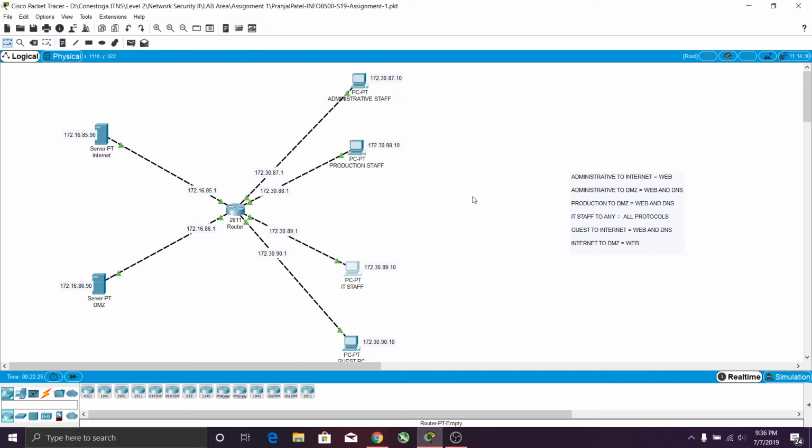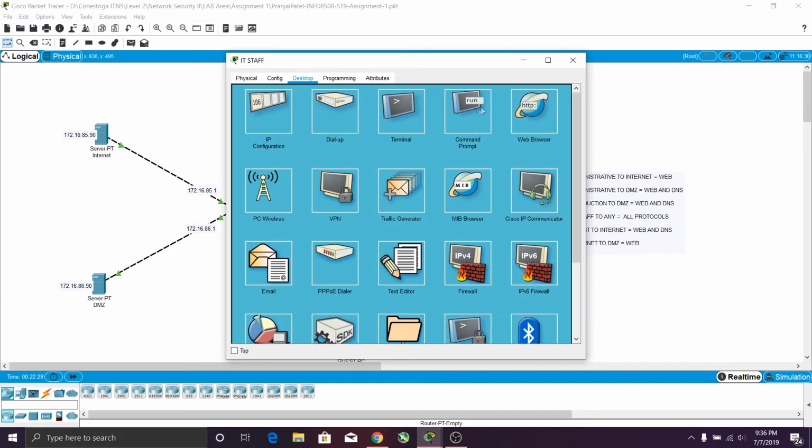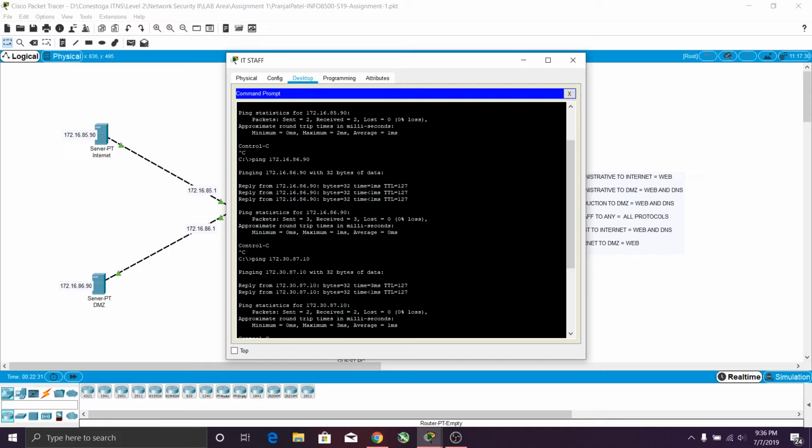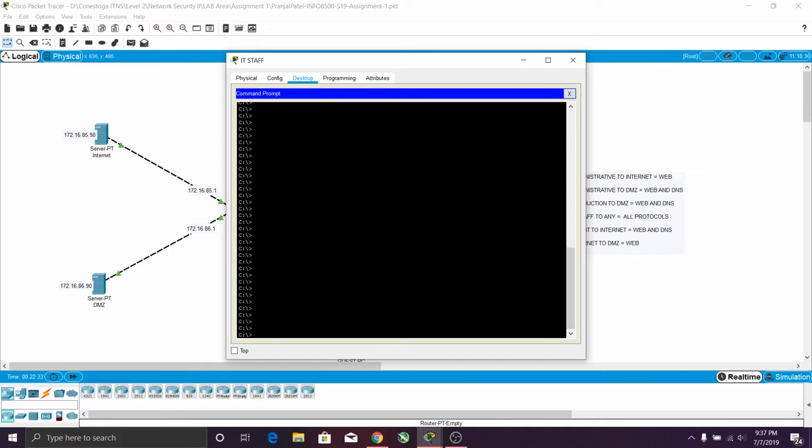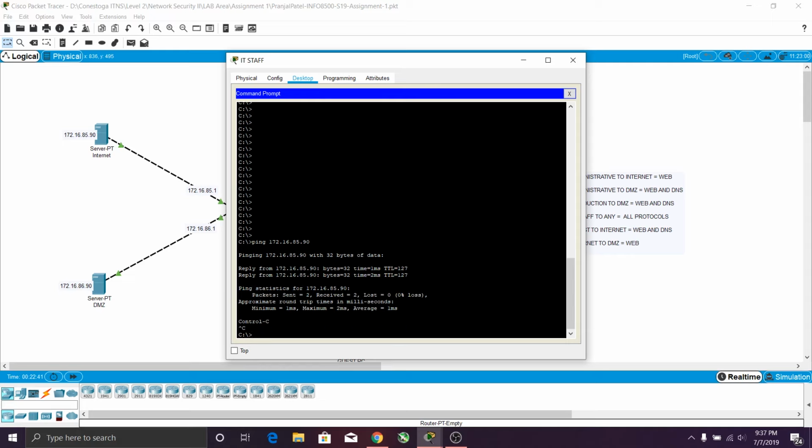Now we will be pinging both the servers and the workstations from the IT staff. At first, the internet. The IP address for the internet is, so it's working. Now the DMZ server.